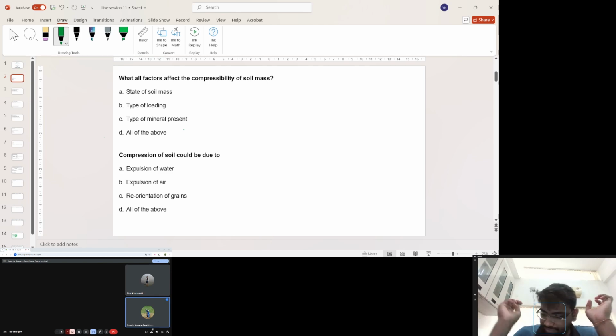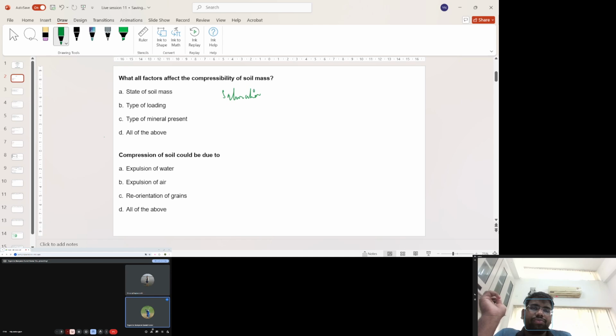Another important aspect: as you mentioned, state of soil mass is obviously saturation, void ratio e, and water content. These are all the primary characteristics.